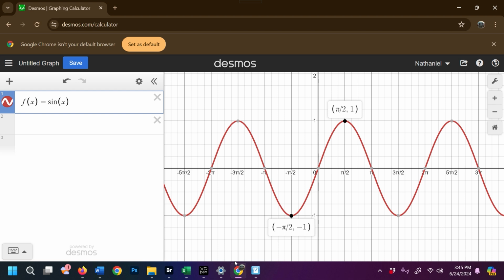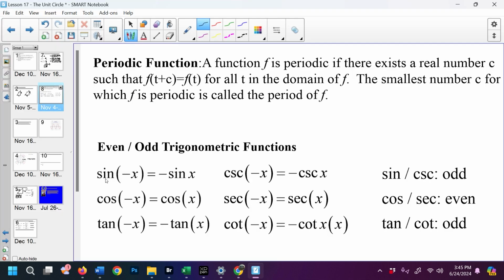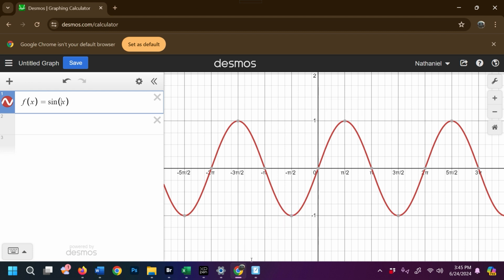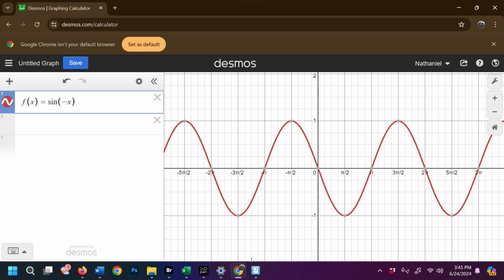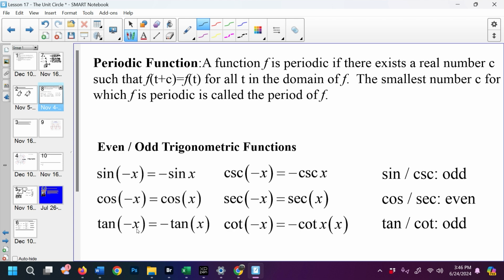And all this is saying is that if I had sine of negative x, that would be equal to the negative sine of x. And that's simple to show. I can go sine of negative x, and we see that that was a reflection about the y-axis. And if I type in g of x is equal to negative sine x, the two functions line up and become equal. And you can do that for any of these identities.